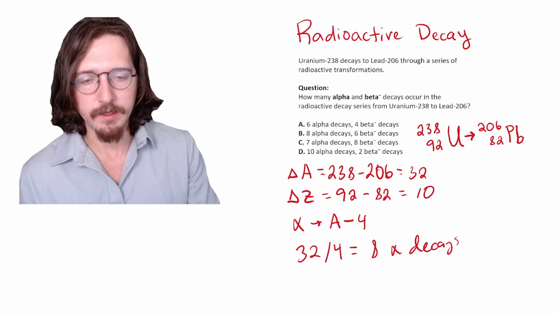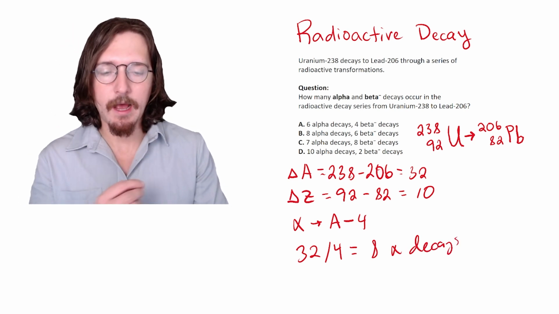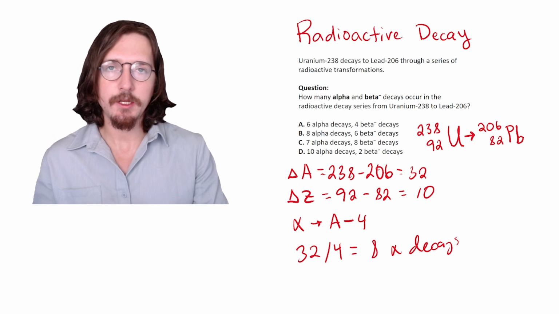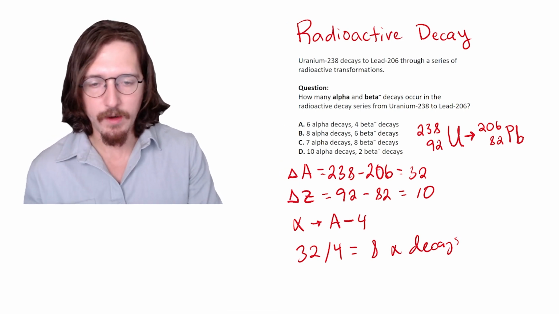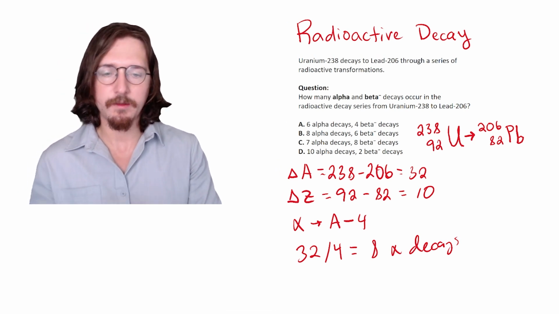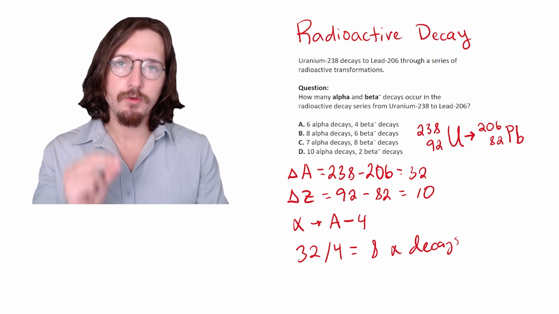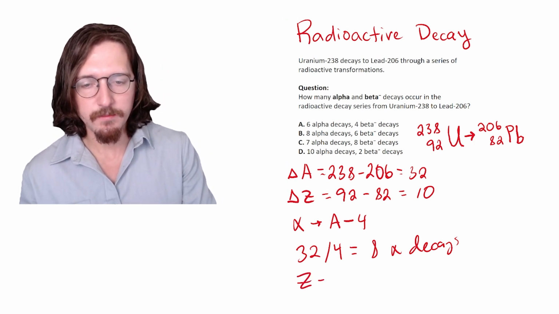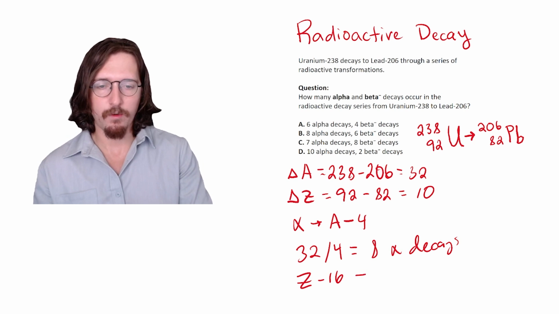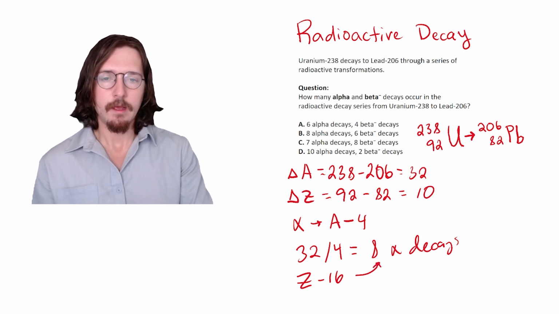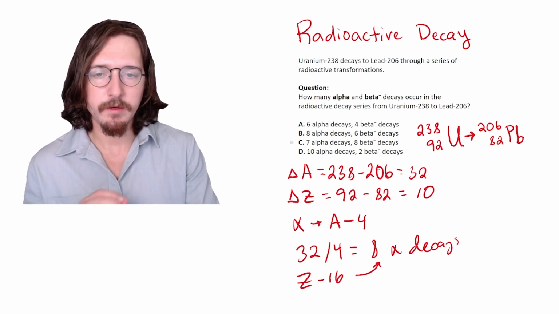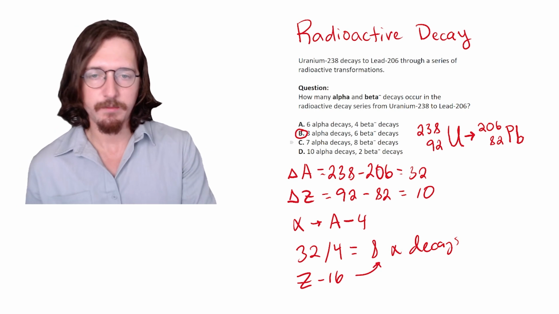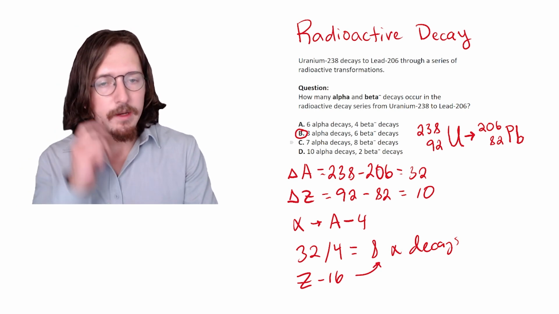So for every single alpha decay event, what is the change in the atomic number, right? Well, for 8 alpha decays, remember that there's a decrease in 2 protons every single time, so you would expect to lose Z minus 16 protons, okay, for 8 alpha decays. So for one thing, we know that there needs to be 8 alpha decays, so B already has to be correct, okay? But why do we need the 6 beta decays?